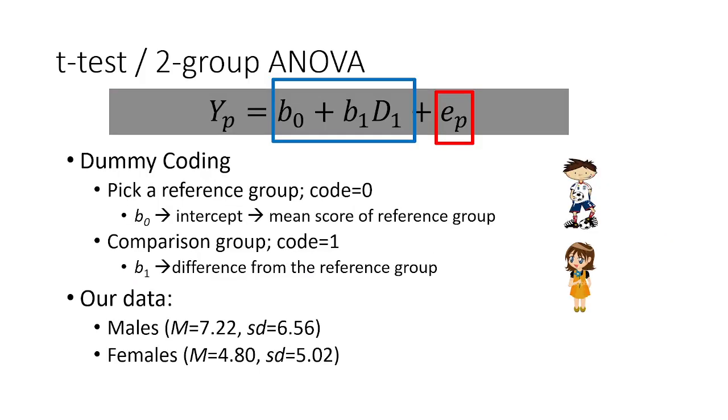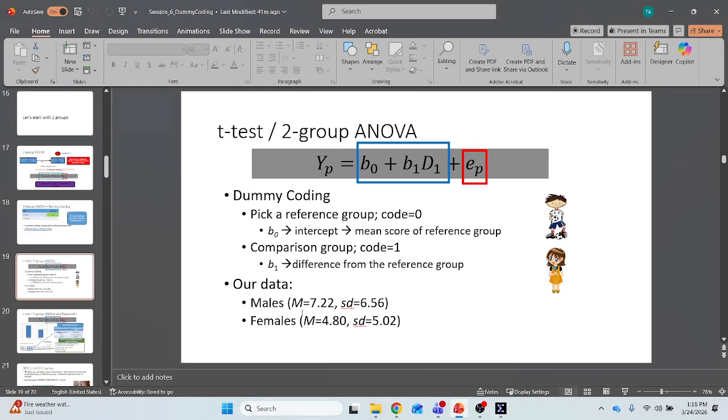And now let's analyze it. Okay, so let's do some analysis. So remember, our data, I'm going to write it down here. The mean audit score of males is 7.22, right?